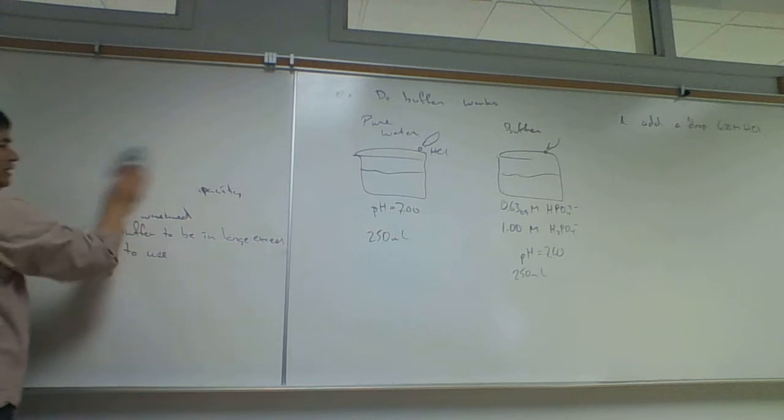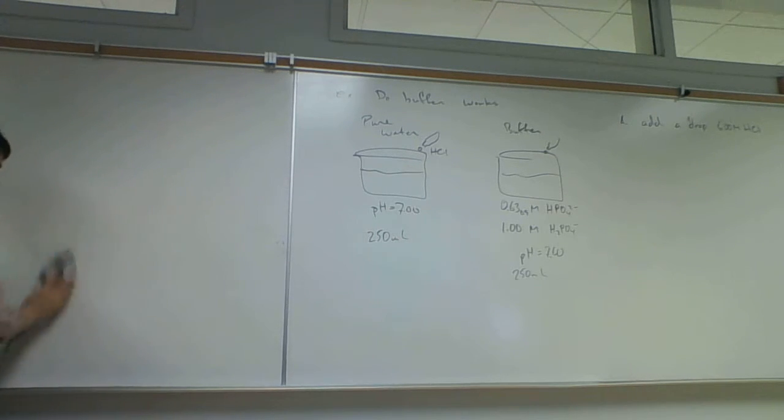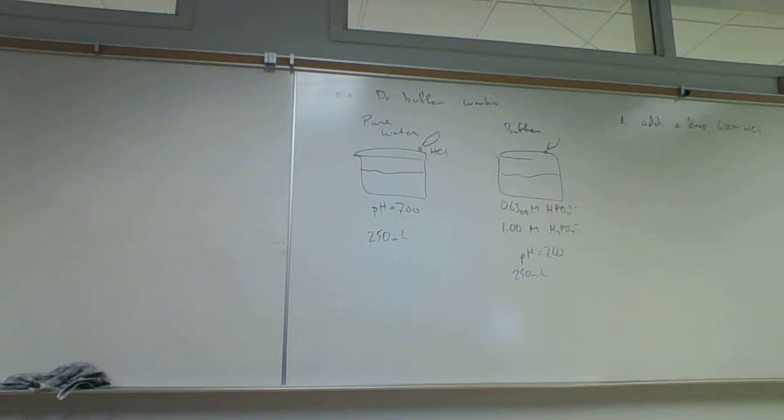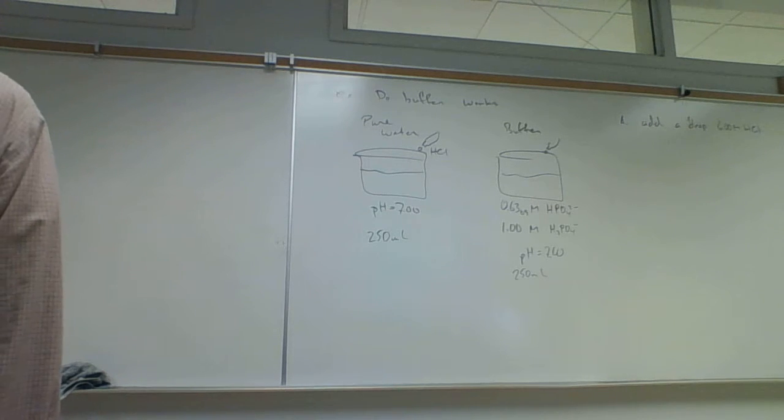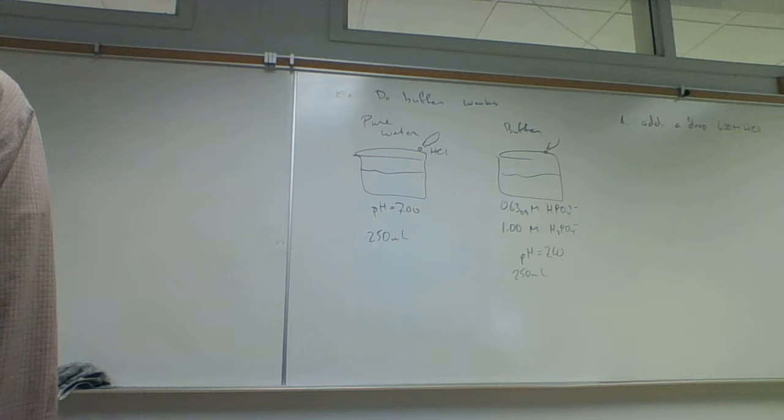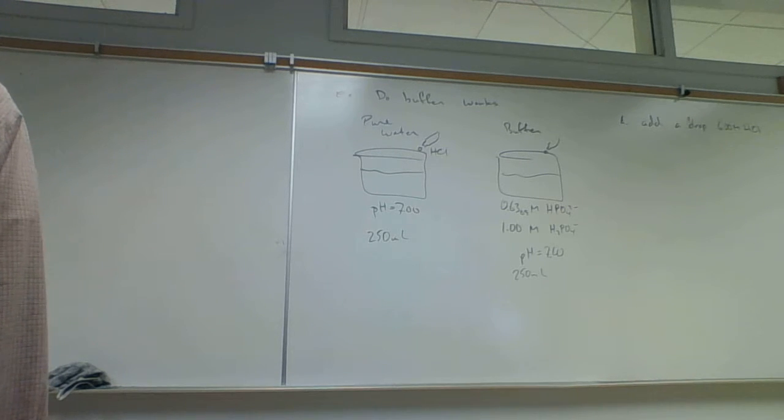Now in chapter 17, there's going to be a step I. From here on, after the buffers, we don't care about solution dilution. But for all the other problems in chapter 17, we care about solution dilution.